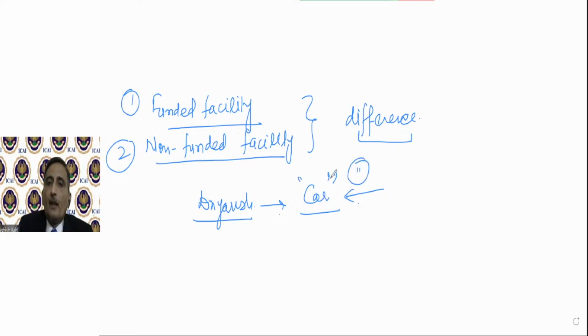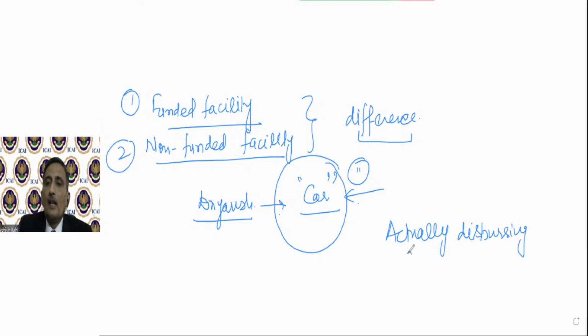So the bank would be disbursing money to the dealer from whom Dinyansh is going to purchase the car. The bank would be making the payment. The funds would be actually transferred.